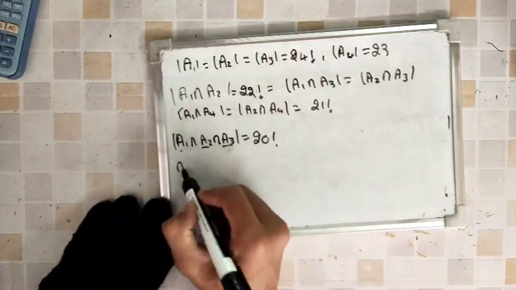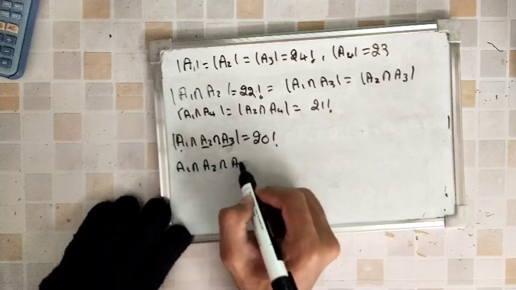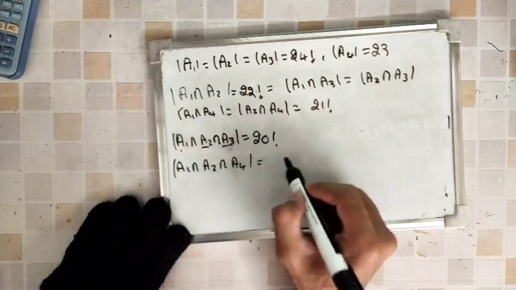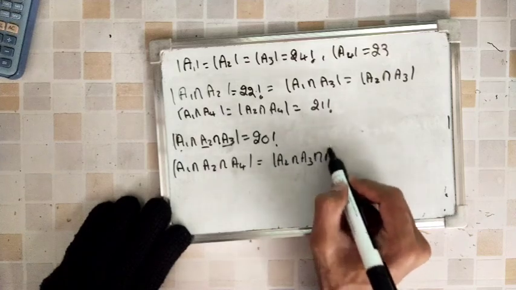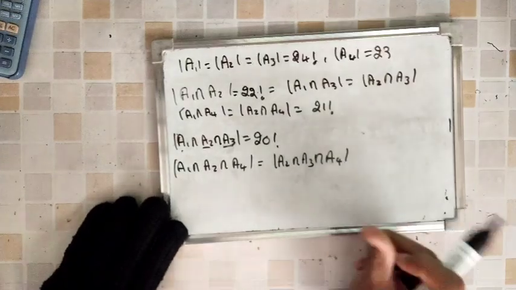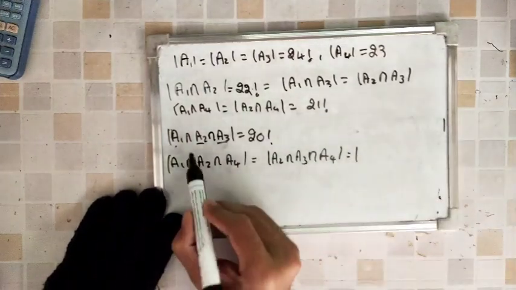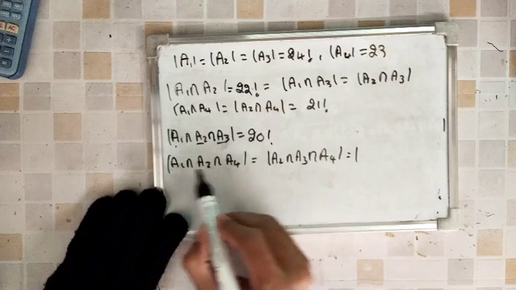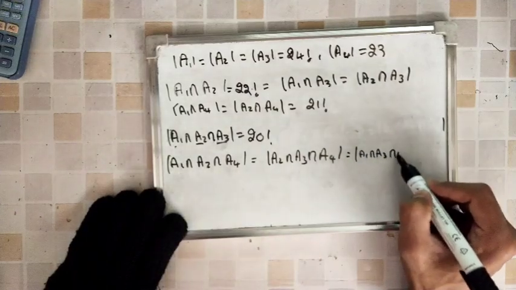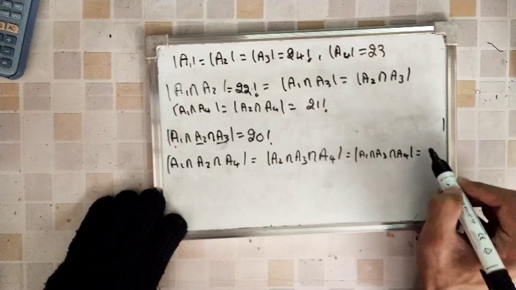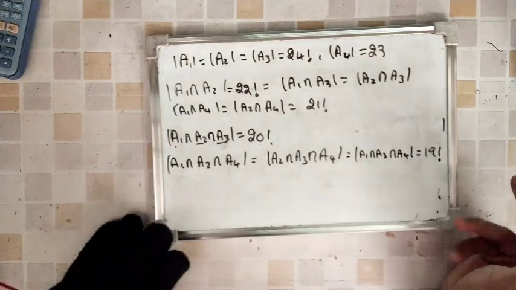Same way A1 intersection A2 intersection A4 equals A2 intersection A3 intersection A4, okay, which is again equal to, now see A1 A3 A4, so this will be 1 less than this, 19 factorial. Why?